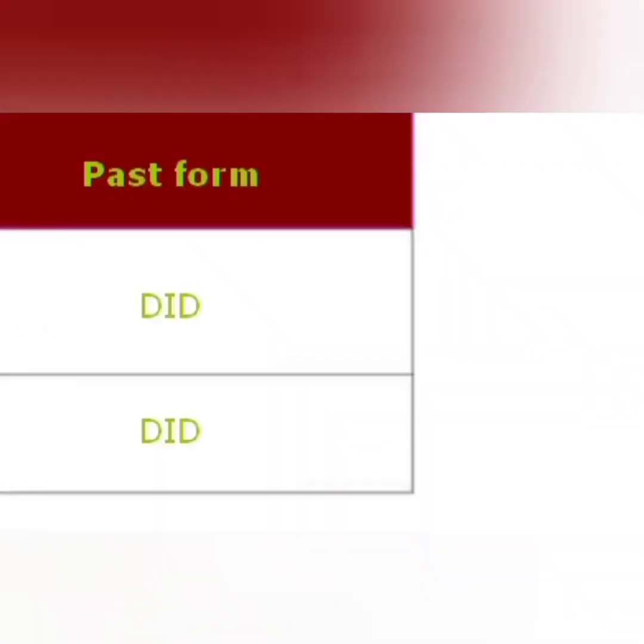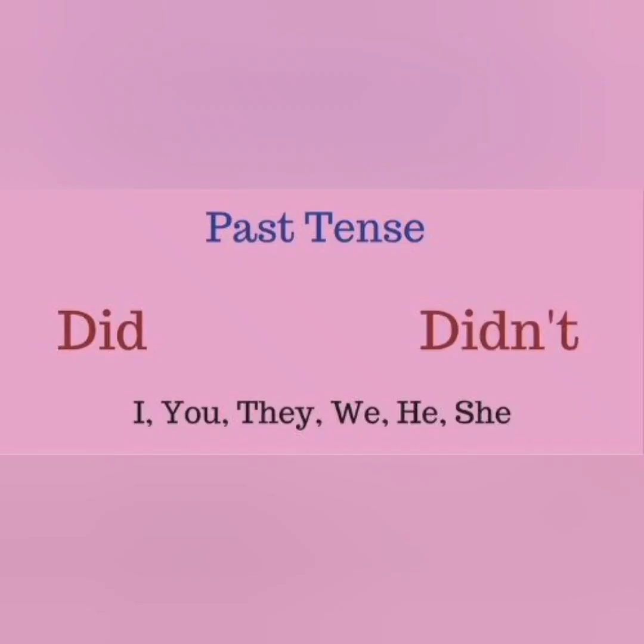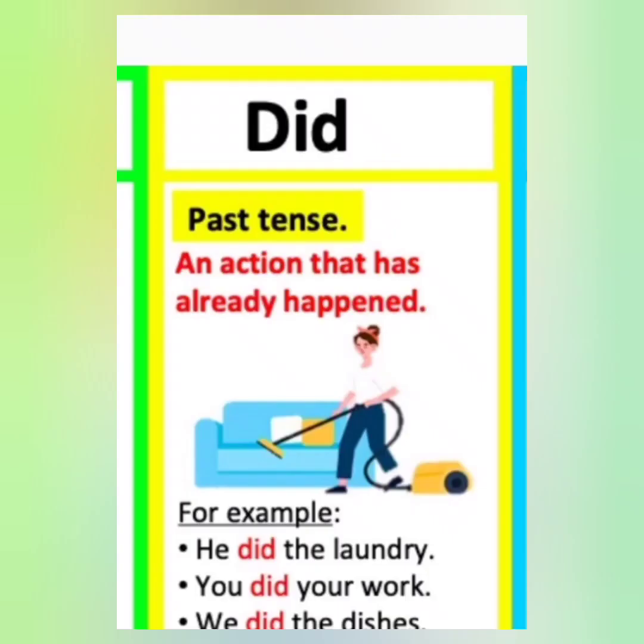Okay, children. Our next topic is did. In this topic, we will learn where we use did. Did is used in the past tense. Past tense means things we did yesterday.